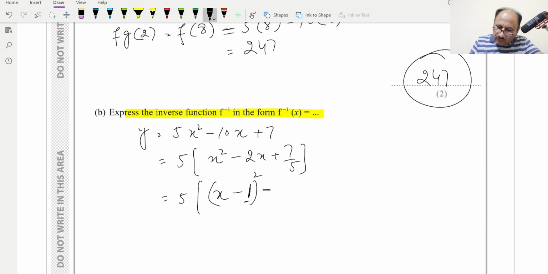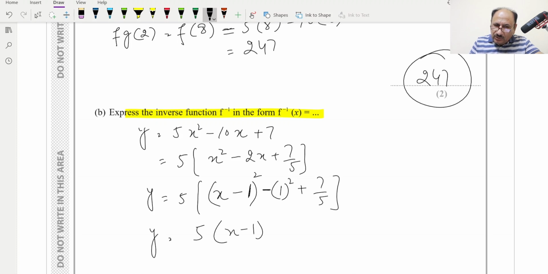Whatever we have written over here we will write here and take the square, and this tail portion we will write over here and close the bracket, and now this is basically completing the square. So y is equal to 5 into x minus 1 squared, and the remaining portion.